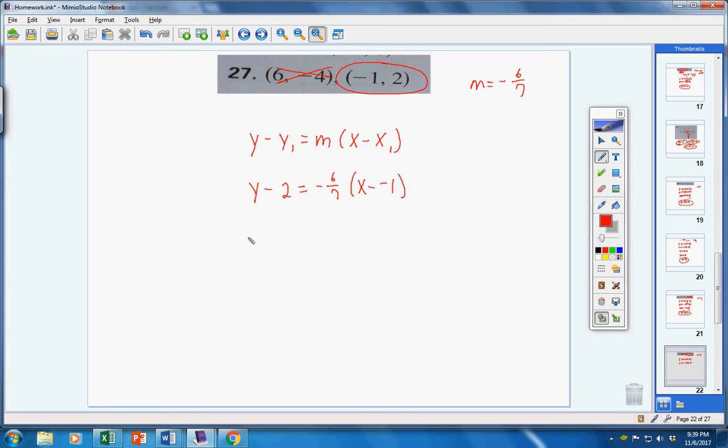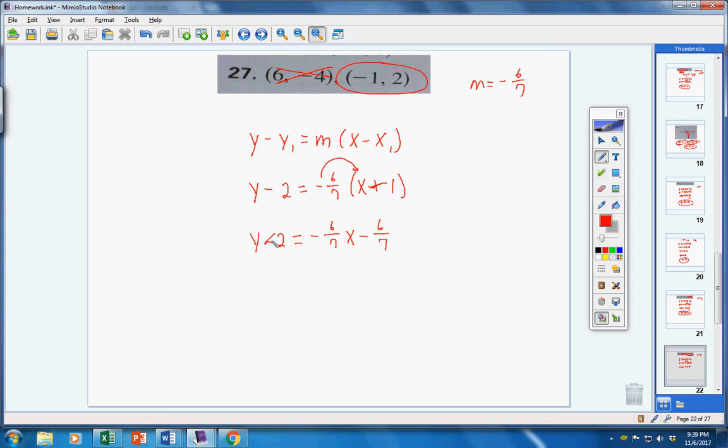So, y minus 2 cannot be simplified. Minus a negative 1 makes that a positive 1. Negative times the positive is negative 6/7 x. Negative 6/7 times 1 is negative 6/7, okay?